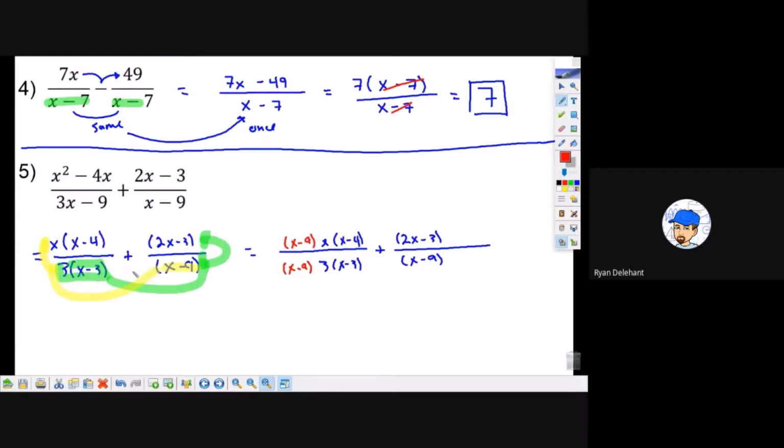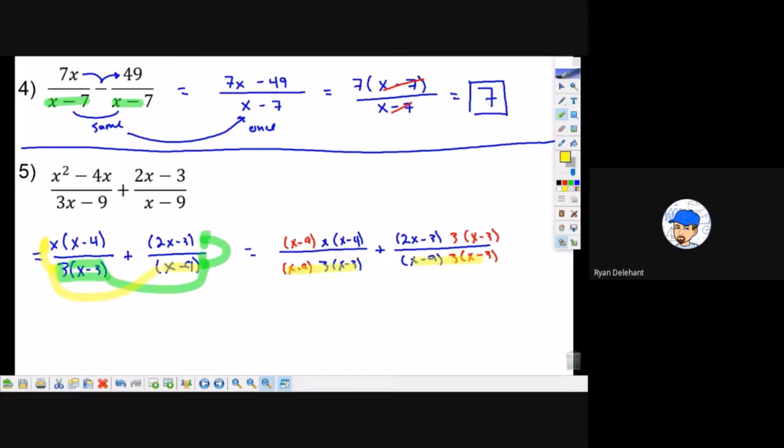Then we're going to take both of these things, the 3 and the x minus 3, and write them here. Now, even though this is intimidating to look at because there's a lot of terms in here, we've satisfied what we wanted. We wanted the denominators to be the same thing.